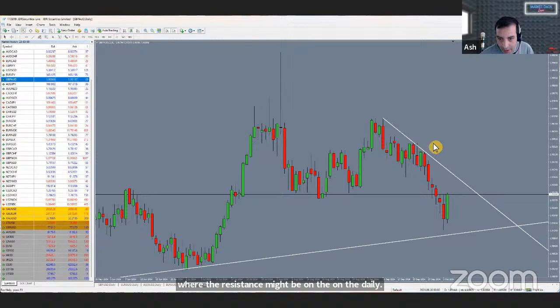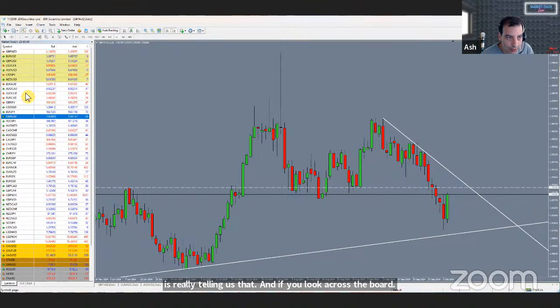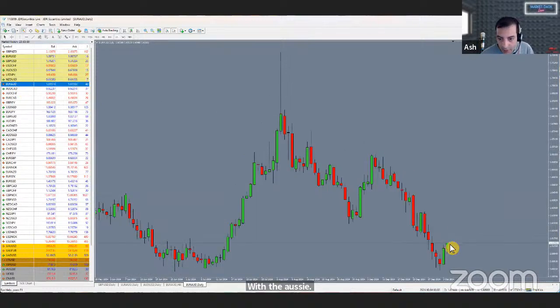Looks like there could be some there, and it looks like there could be some here. Pretty good looking bar there. So if you look across the board with the Aussie, look at this Euro Aussie again. That was a relatively good day, a decent couple of days against the Aussie.